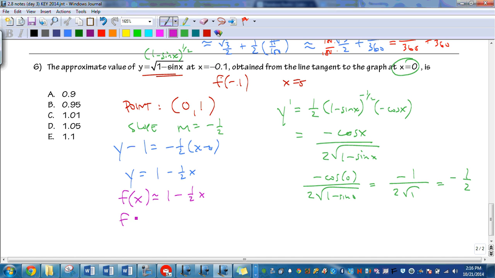So we're approximating f of negative 0.1 to be 1 minus 1/2 times negative 0.1. So we get 1 minus negative 0.05, so it'd be plus. So we get 1.05 for our answer.